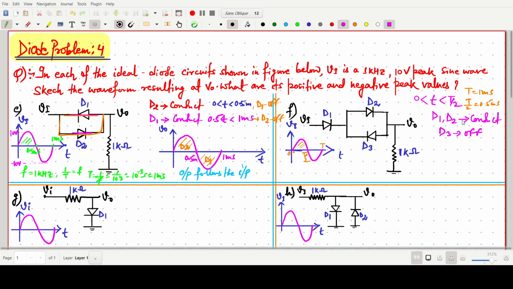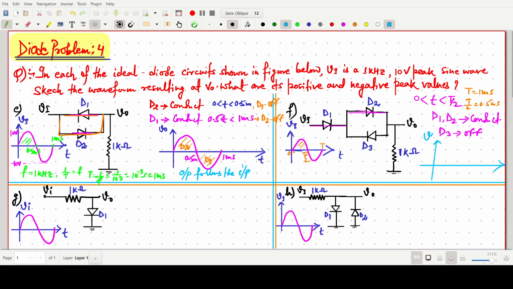Or we can say D1, D2 on and D3 will be off. So for the first half it will go like this. So in the very first half, this one is V naught and T. The output will be this.